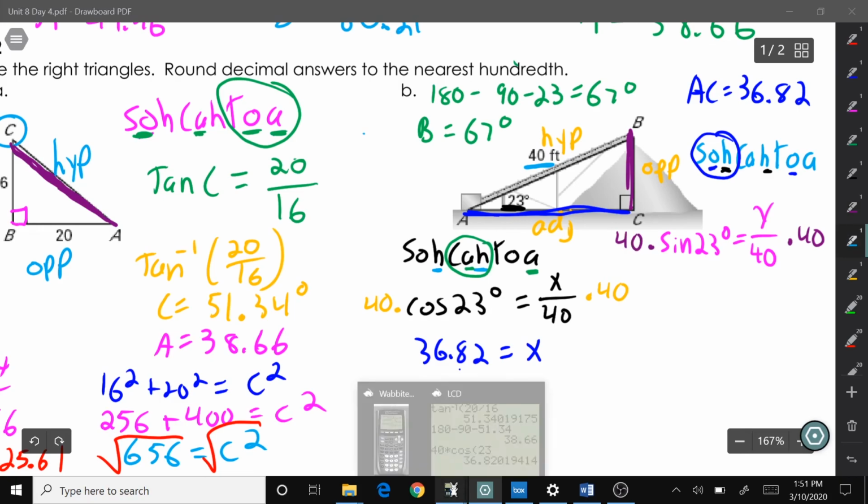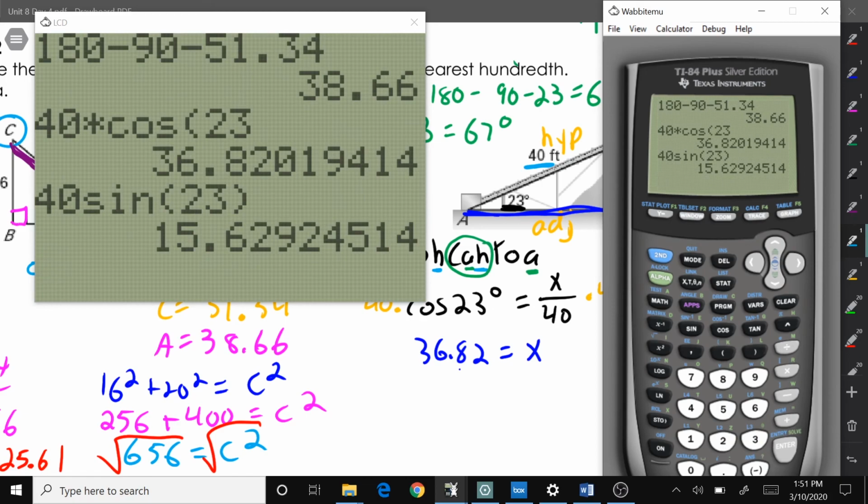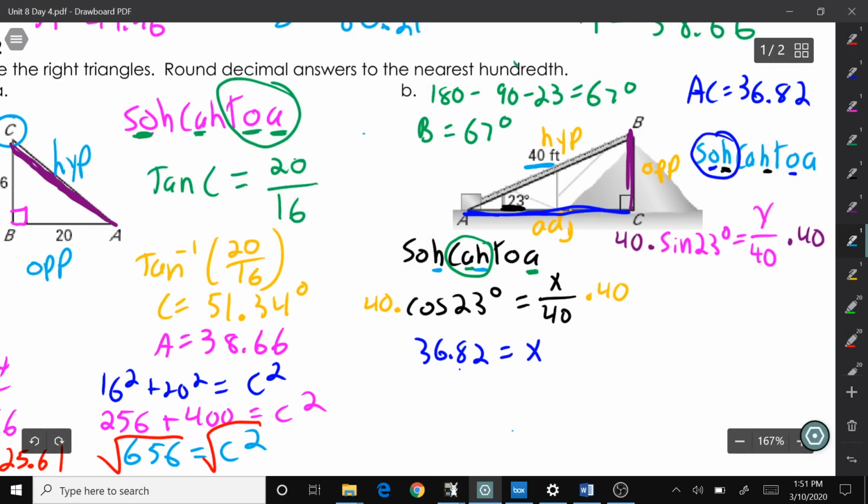So then in the calculator, 40 times the sine of 23, we get 15.63. So 15.63 equals y, and that tells us that side BC is equal to 15.63.